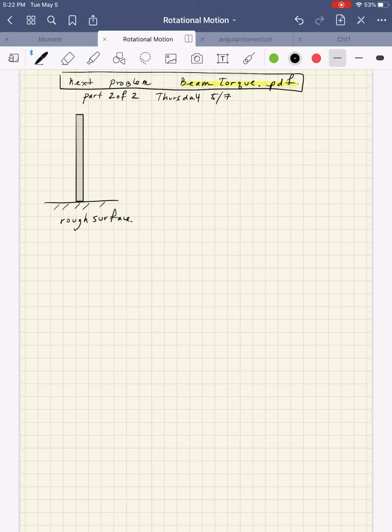And the beam has a height of h. So not L, but h. It has a mass m. And there's a force that is pulling on it to the right.